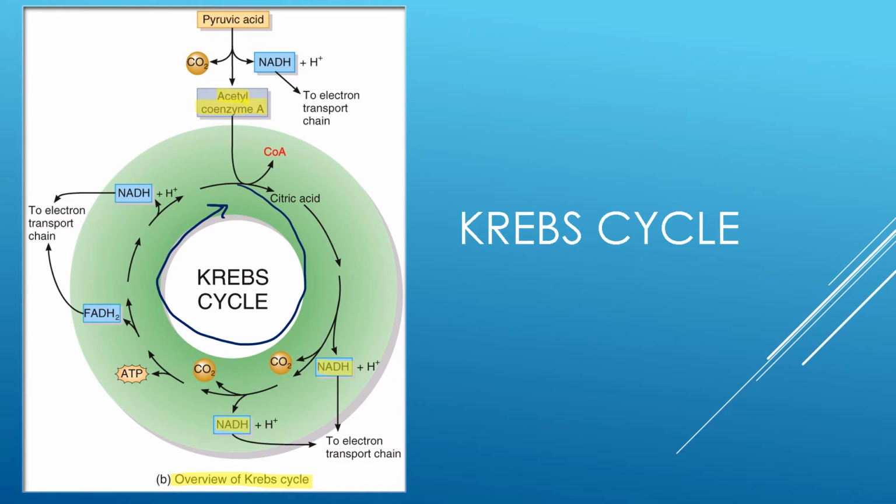And for each turn of the Krebs cycle, there are 3 NADH molecules created, 3 hydrogen ions, and 1 FADH2 molecule produced by the oxidation reduction reactions, and 1 molecule of ATP. So that's for 1 turn, 1 acetyl coenzyme A molecule entering into the cycle.